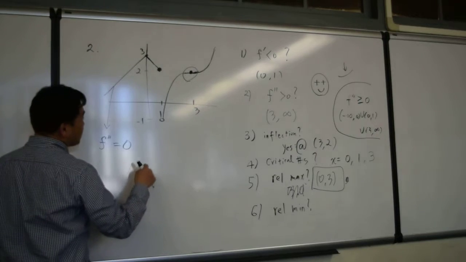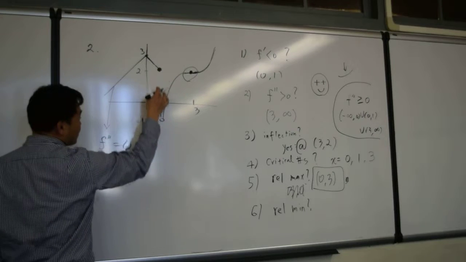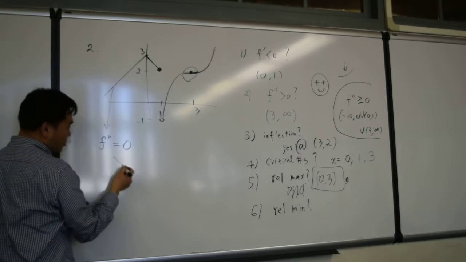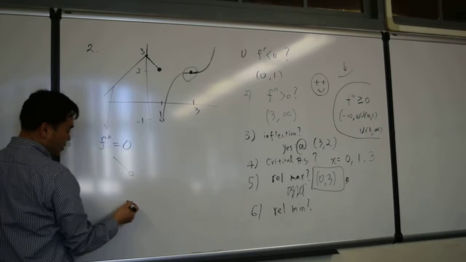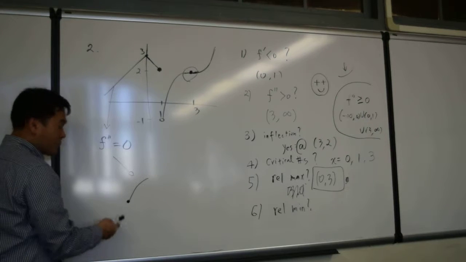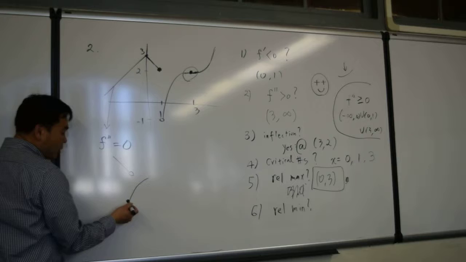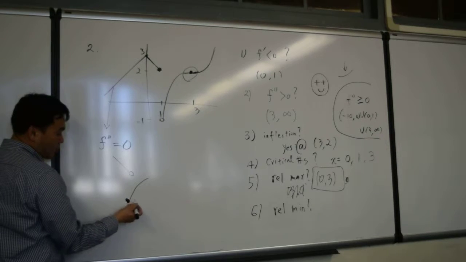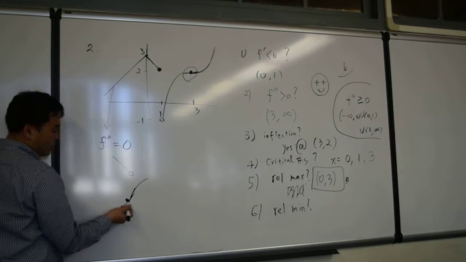Now, when you have a jump discontinuity, the placement of the closed circle and open circle does matter, because if the graph was like this at 1, then this point would be a relative minimum because the value at 1 is this point, and if you go right, it's higher than this value.